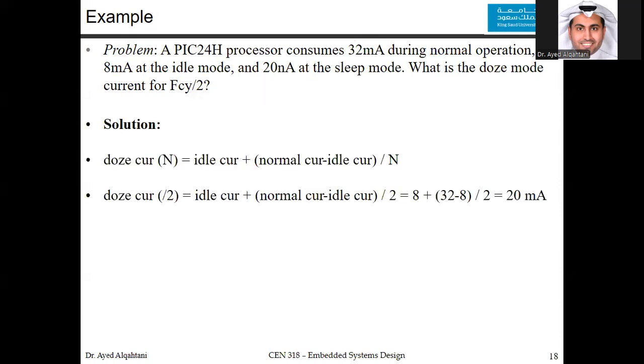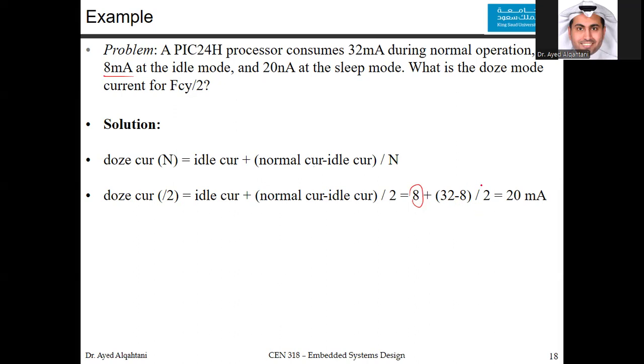And you calculate it this way. You say that dose current n is the idle current. The idle current, I know that it is 8 milliampere. So that's 8. And then you get the normal current minus the idle current. The normal is 32. You take out 8 from it, you end up with 32 minus 8, which is 24.